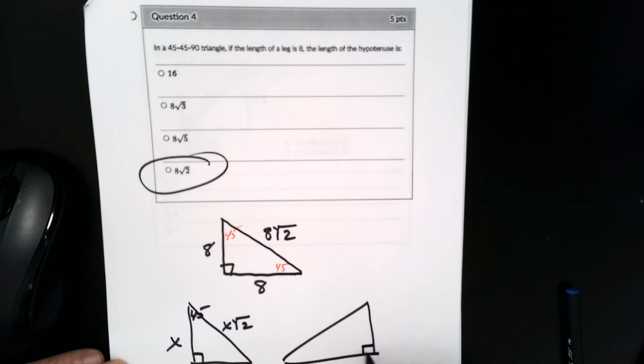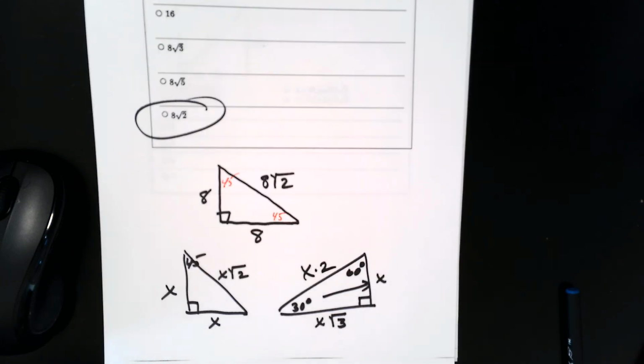And over here we've got a 30, 60, 90 triangle. The side across from the 30 is x, the side across from the 60 would be x times the square root of 3, and the hypotenuse would be x times the number 2. Y'all can't see that. Alrighty, well, let's go to question 5.